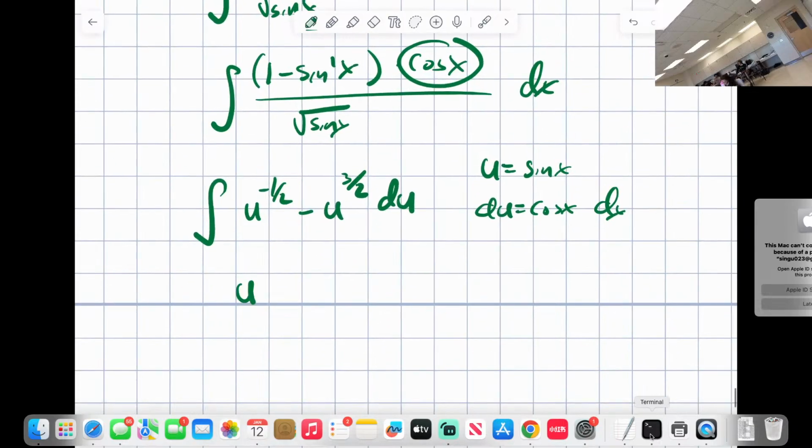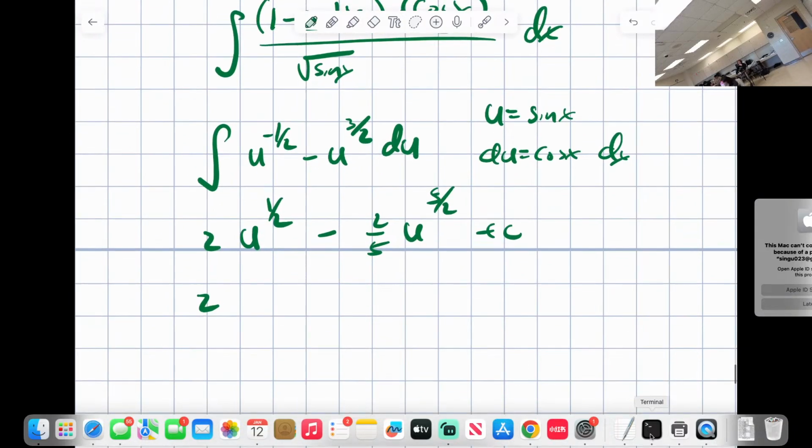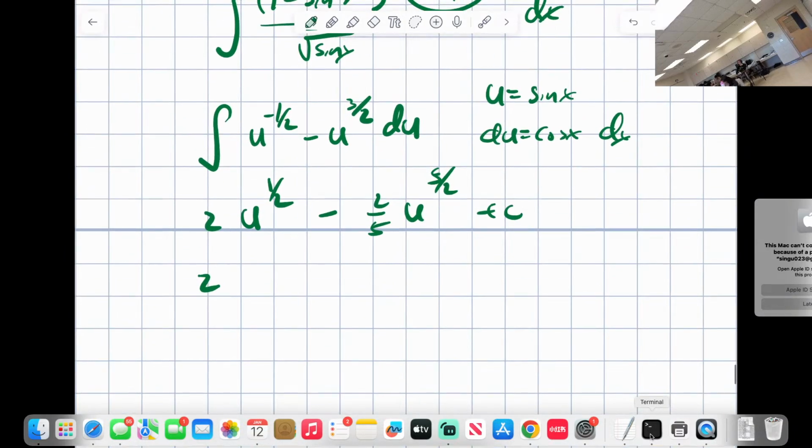So u to the 1/2 over 1/2, plus minus u to the 5/2 over 5/2, plus c. So it will be 2 times the square root of sine of x plus 2 over minus 2/5 sine of x to the 5/2 plus c, and that's it.